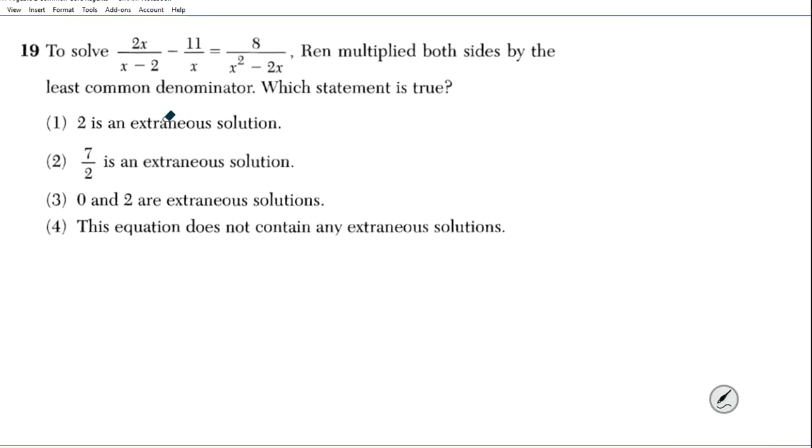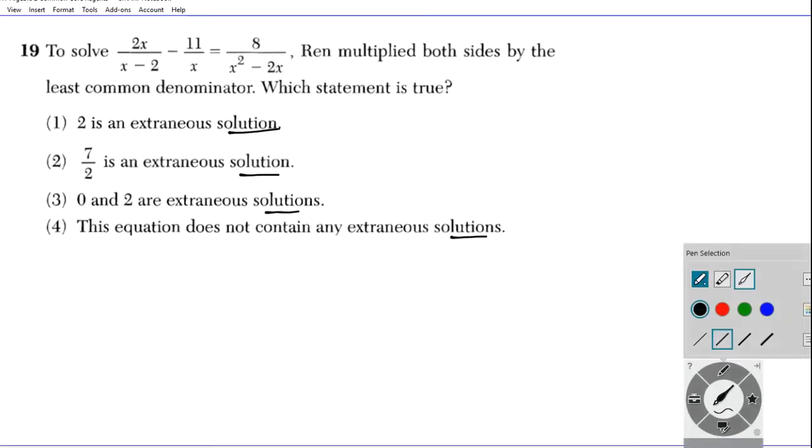Okay, so we're having statements concerning the solutions, some being extraneous, or the scenario where none of the solutions are extraneous. Since this problem is presenting options concerning the solution, what does that tell us? It tells us that we have to solve the equation completely and test the solutions that we get to see if they're actually viable solutions or if they're extraneous solutions.